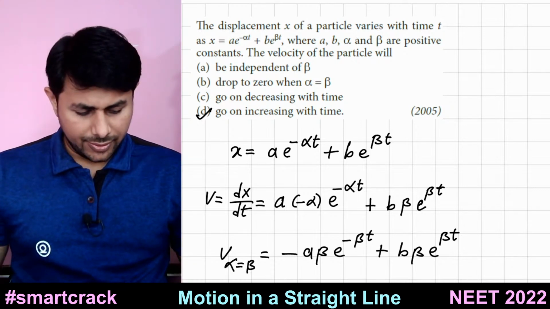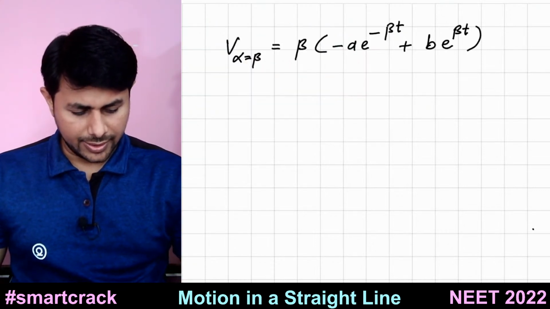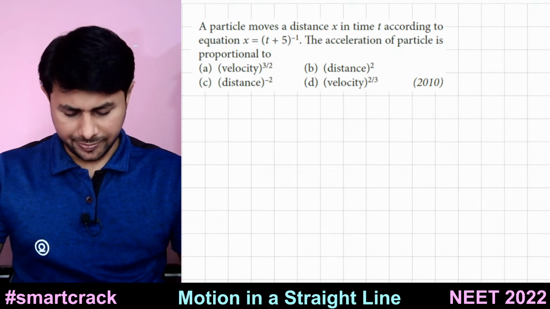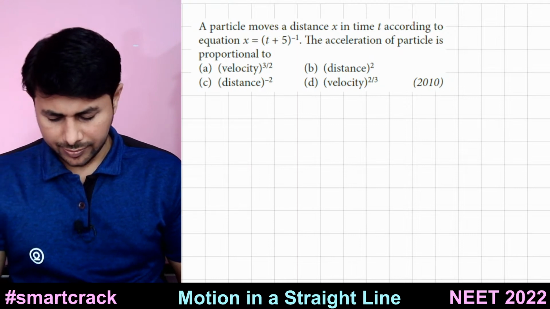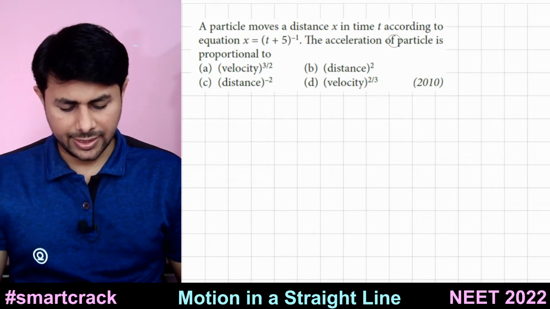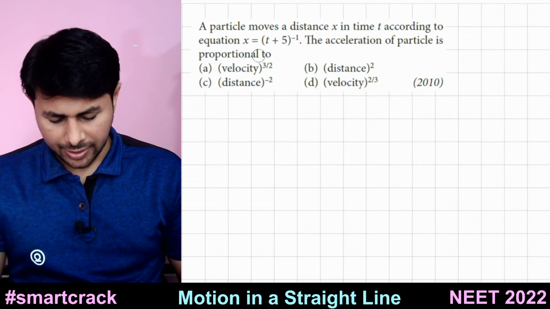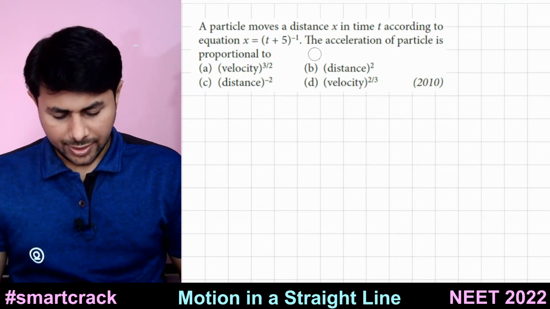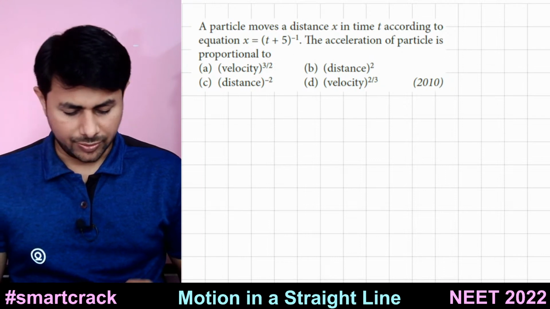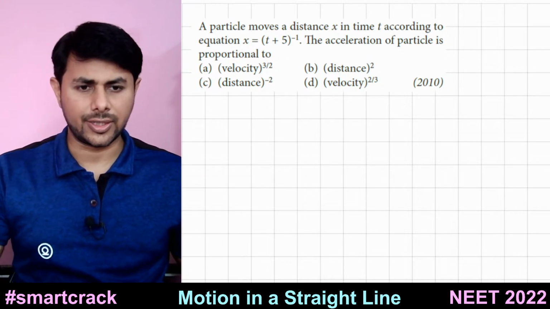All right, so again, let's move on to the next problem. A particle moves a distance x in time t according to the equation x equal to t plus 5 raised to minus 1. The acceleration of the particle is proportional to what? Okay, good.